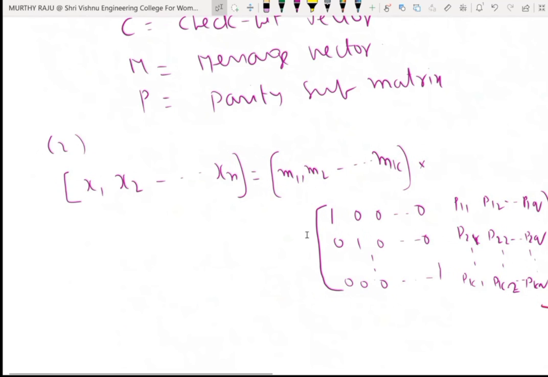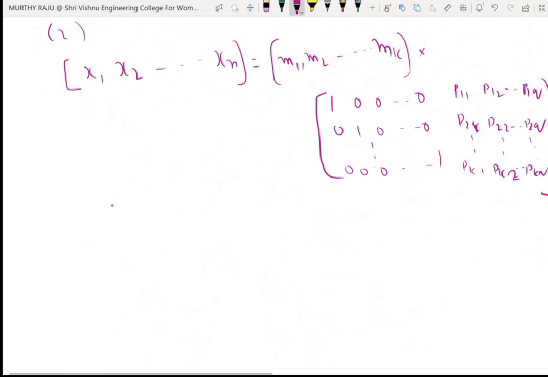From this we design another equation, that is X is equal to M times G. Here this is the identity matrix Ik and the P matrix PKQ.